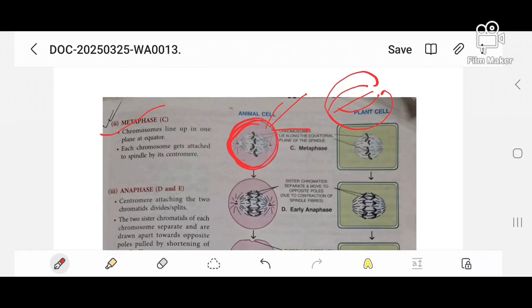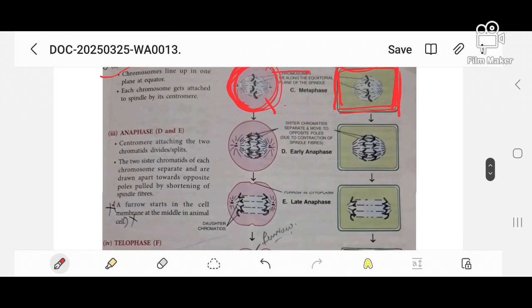These are called spindle fibers. Plant cell, animal cell. Remember, the animal cell is circular because it has no cell wall, and the plant cell has a cell wall.